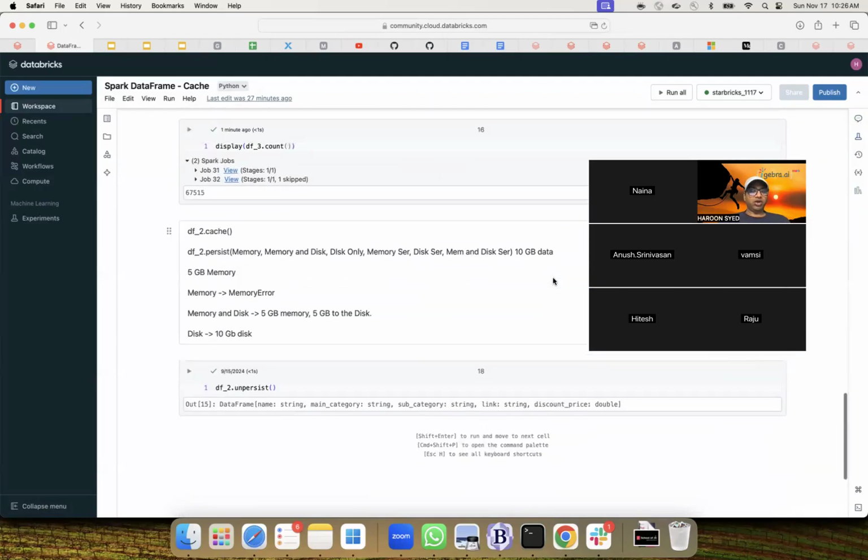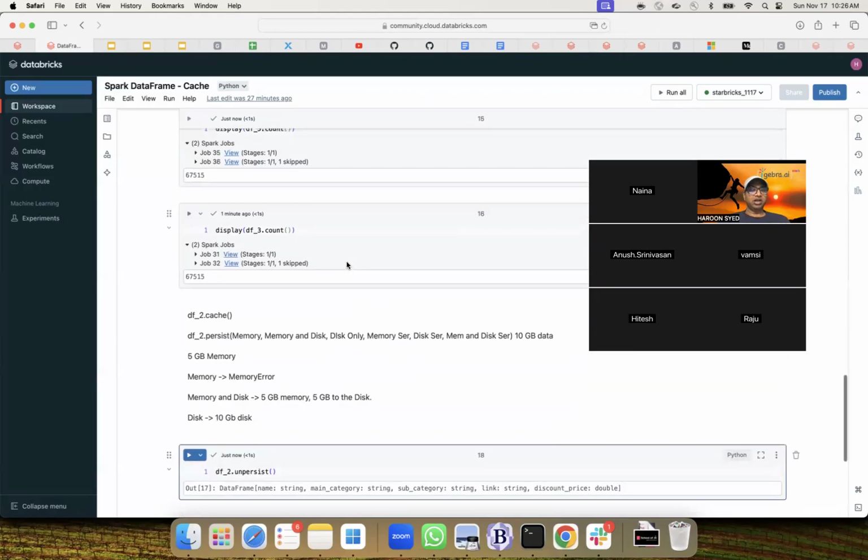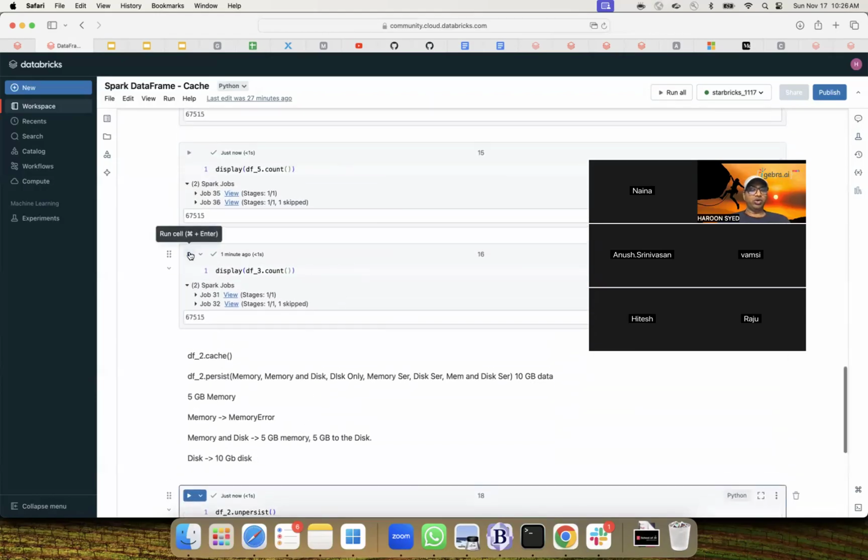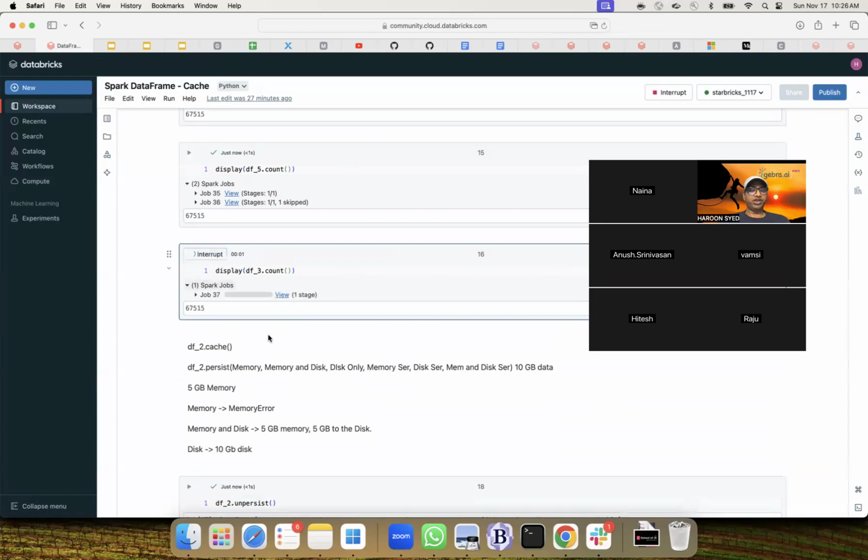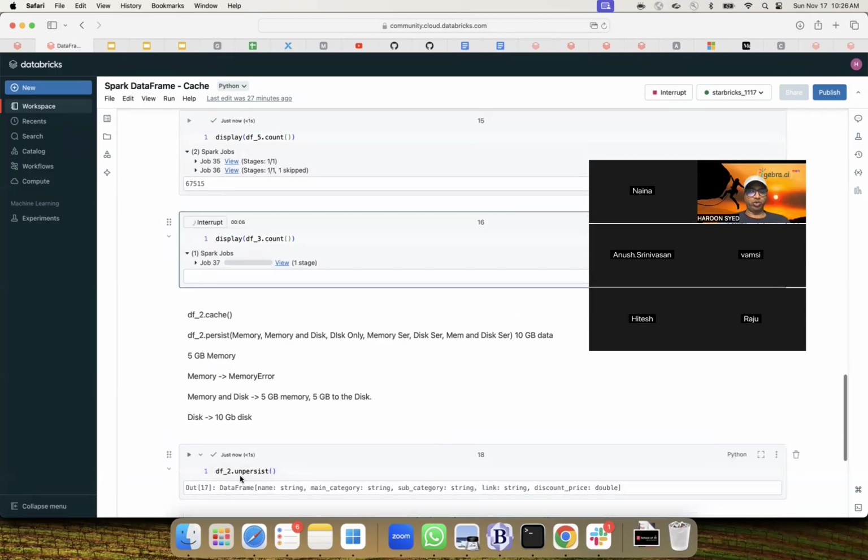Now I can remove the cache with unpersist. I do the unpersist and then do the same thing, df3.count. Again, the same processing starts. Now df2 is not there, since I have removed it from the cache in memory, so it goes back and starts calculating everything again.